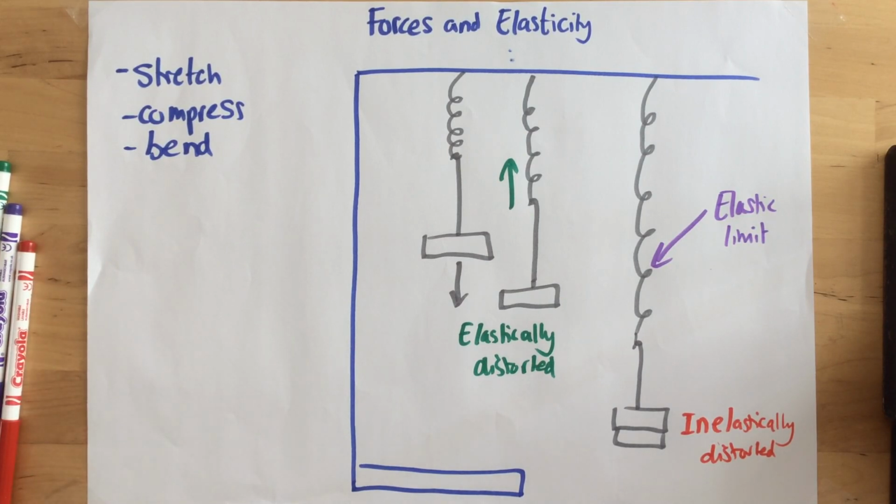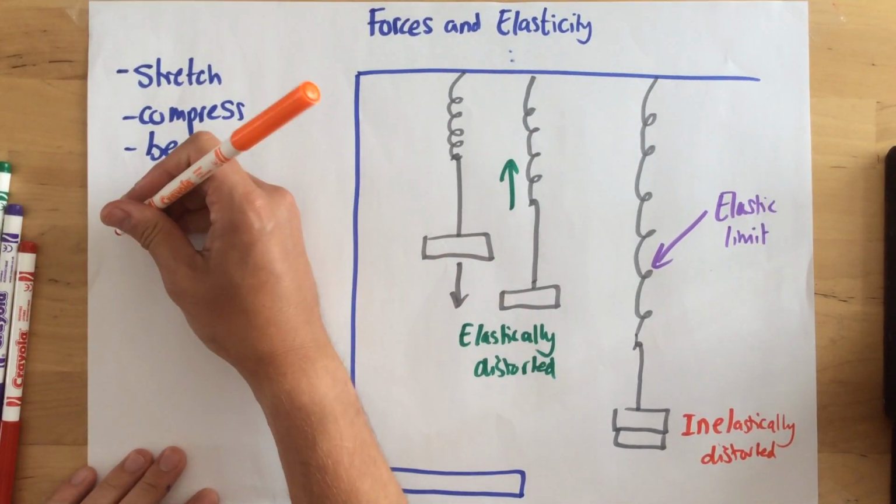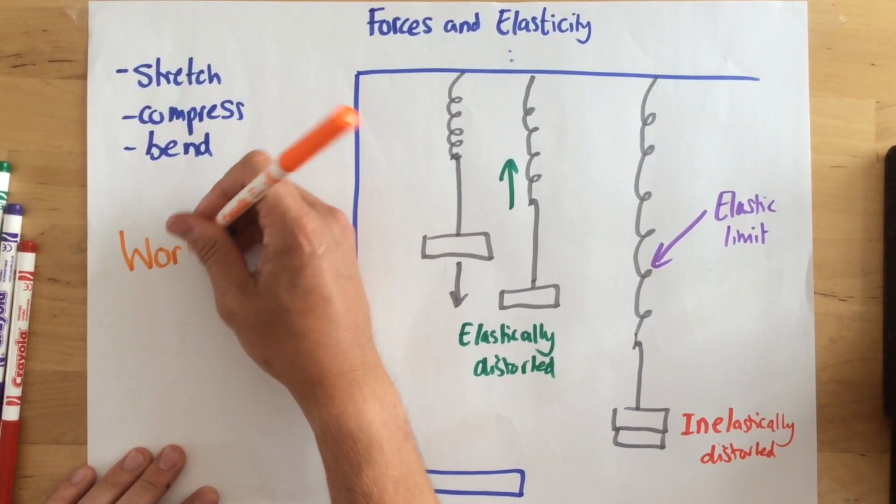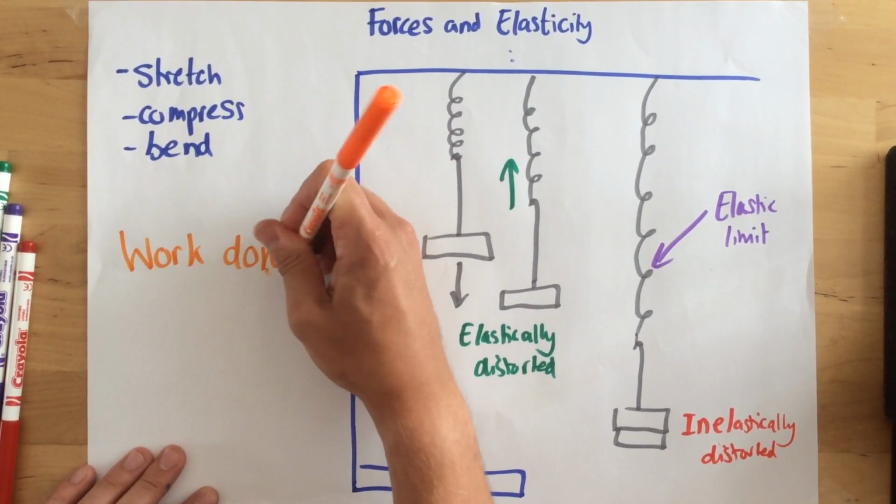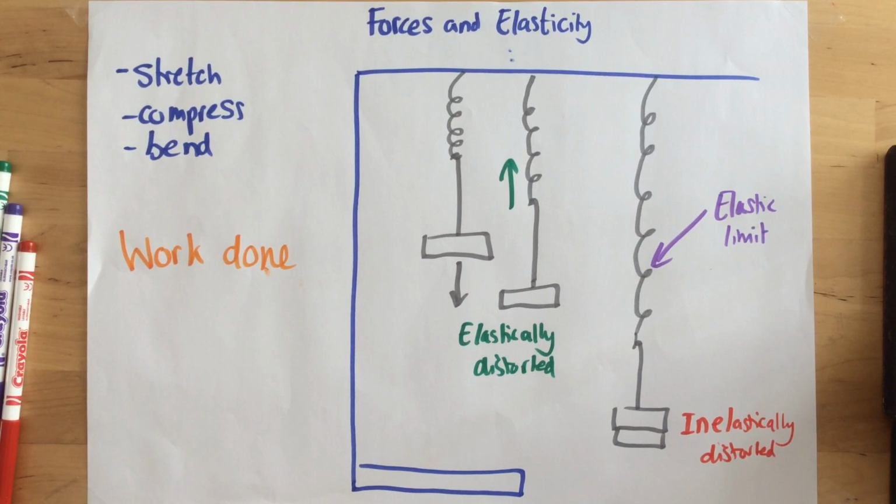Now the final thing that we need to know about really is this concept of work done. So remember, whenever we're thinking about work done, we're thinking about how much energy is being transferred.